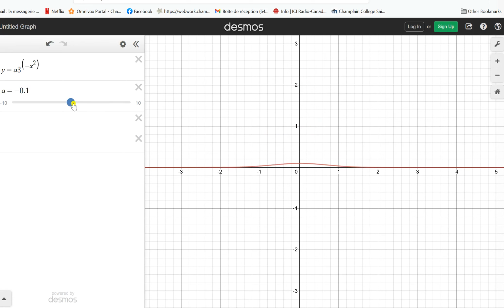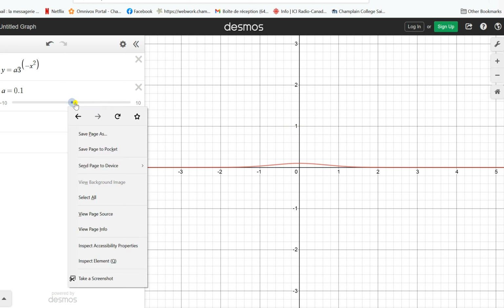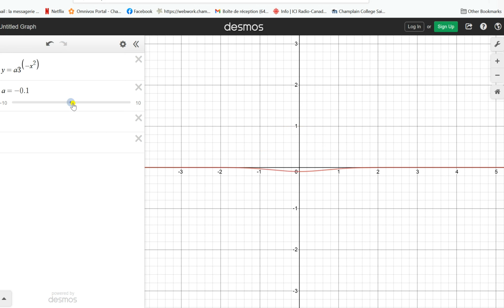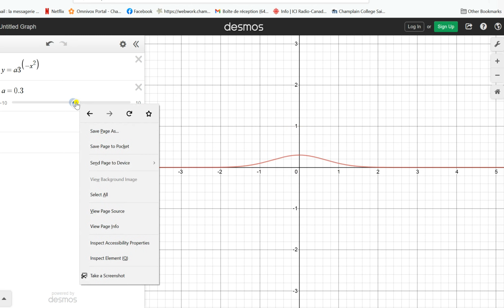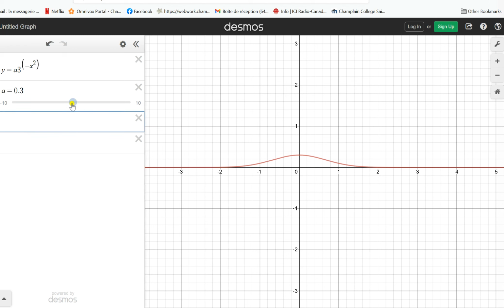If the value of a is less than 1, there's going to be a compression going on. If a is 0, maybe that's kind of a boring case. Your function is going to be completely flat. Not sure if I can make it entirely 0. Kind of hard. But anyway, the curve is going to be exactly the x-axis.